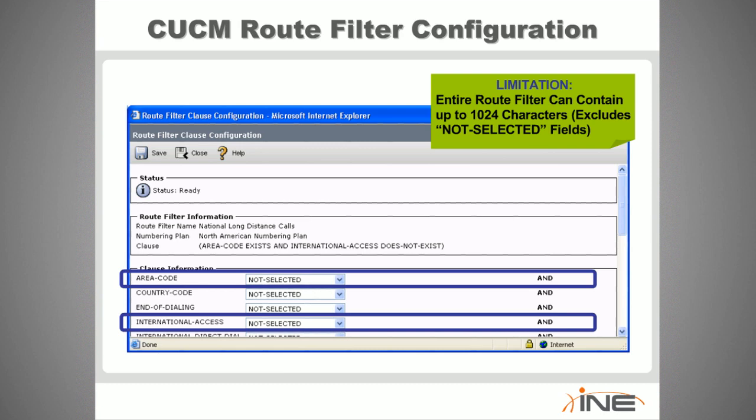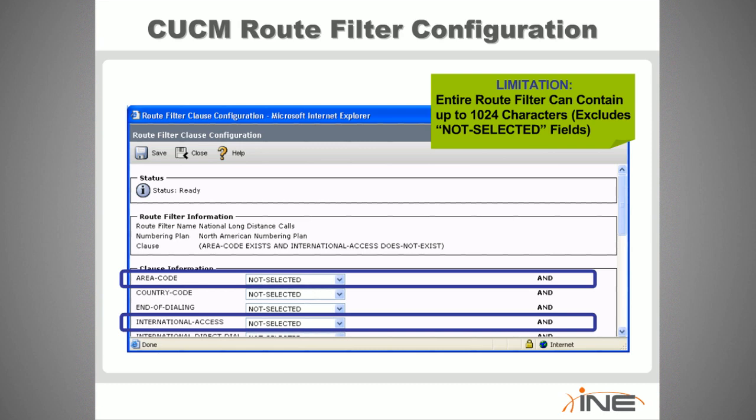So the types of route filters and and or clauses that you have to set up can be fairly complex, and you can quickly get into a situation as you break out these what are called NPA NXXs, or these prefixes within the area code, where you don't have enough characters to contain all of what you need to match the route filter.